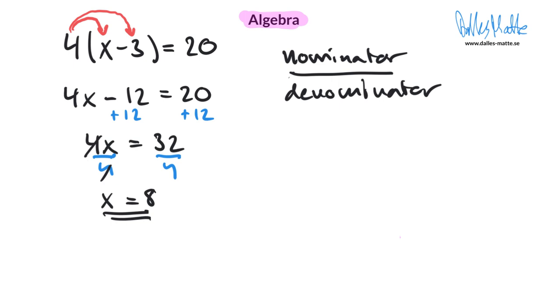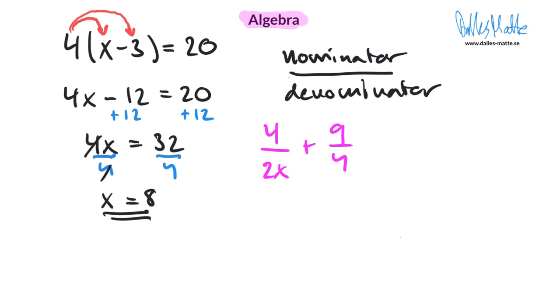If we, for example, have 4 divided by 2x plus 9 divided by 4. Okay, we don't have an equal sign here, so this is an expression. It's not an equation. And the first thing you have to think is, okay, we must have the same denominator. I have 2x and 4 here.